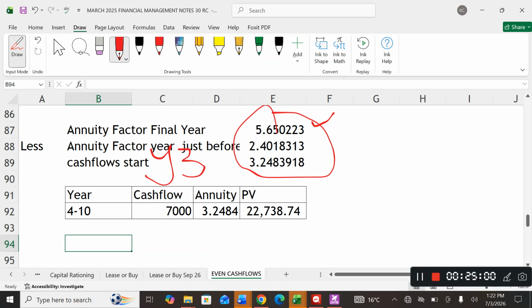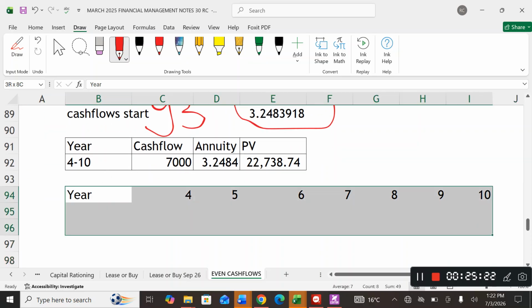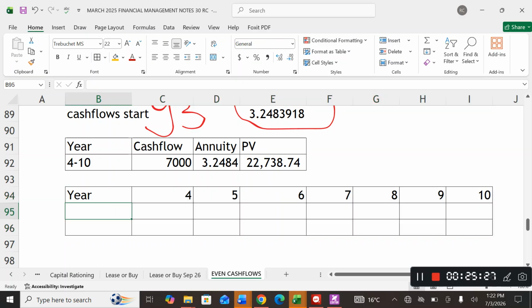Since I just want year 4 to 10, I can have my year 4, 5, 6, 7, 8, 9, 10. So I can just add the discount factors from year 4 up to year 10. That is what I want. Automatically it is adjusted because I have excluded year 0 to 3.